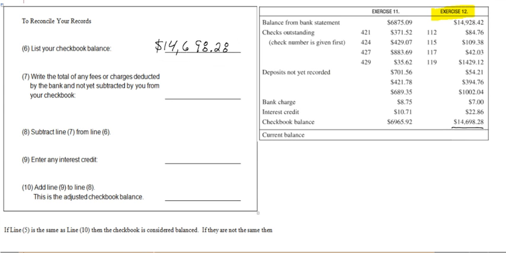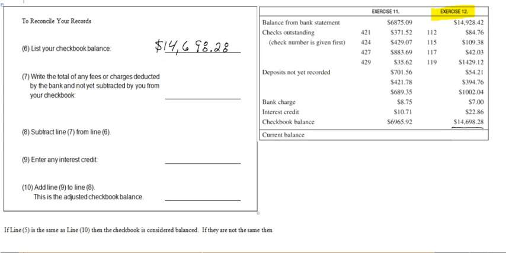Now we're going to fill in the number for line 7, and for that we need to write the total of any fees or charges deducted by the bank and not yet subtracted by you from your checkbook. Essentially, when you get your bank statement in the mail, or these days if you have it delivered electronically, the bank statement will describe or summarize any fees or charges that were deducted from your account.